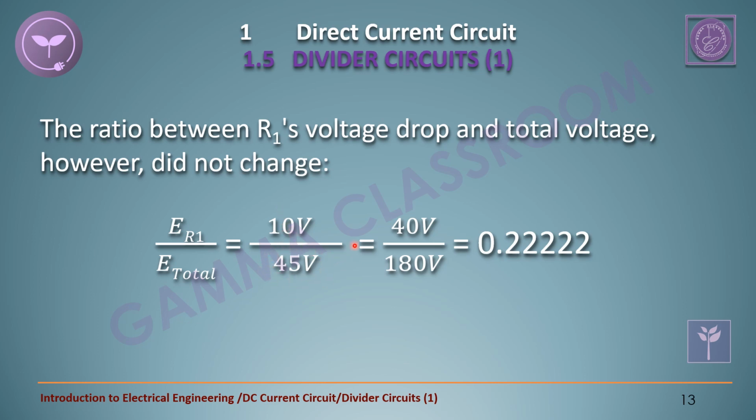Even when the battery voltage increased to 180, the voltage drop across R1 increased to 40. So the ratio is exactly the same, equal to 0.2222. You can do the calculation by yourself.